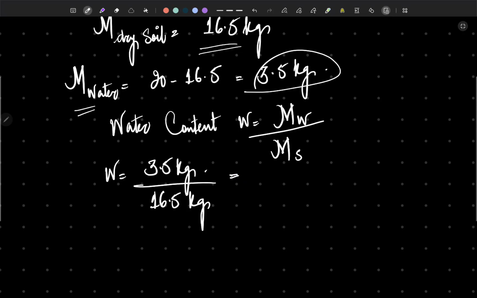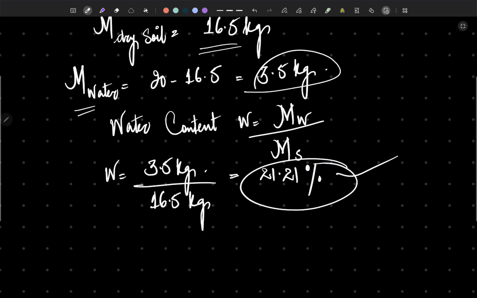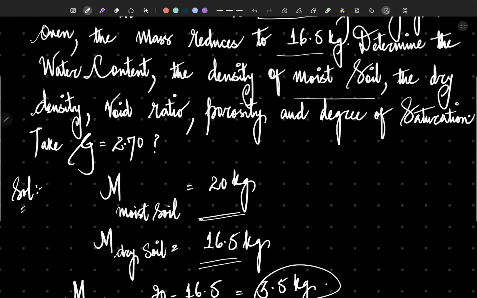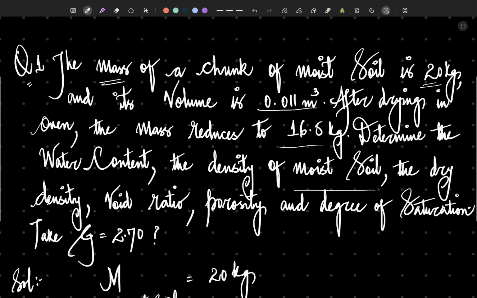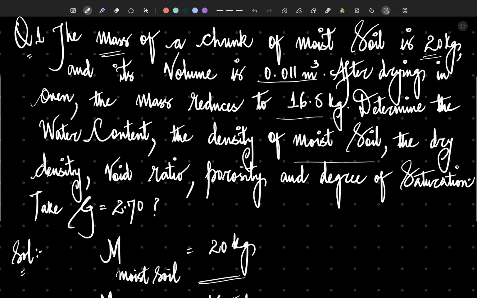So water content by calculations is equal to 21.21%. So 21.21% is the water content in this mass of a chunk of soil that was placed in oven, and then it was oven dried accordingly. This is about the first part of the question, that we have found the water content.